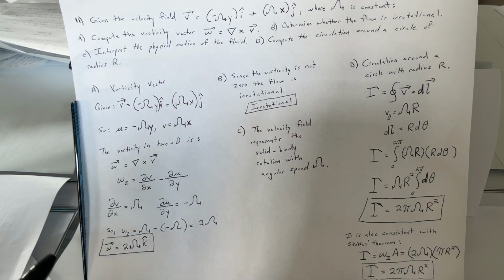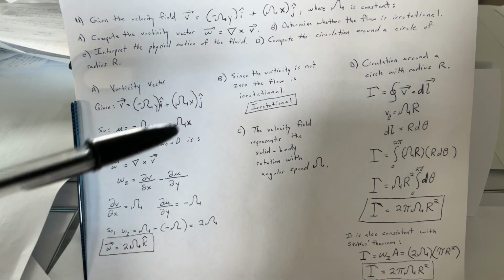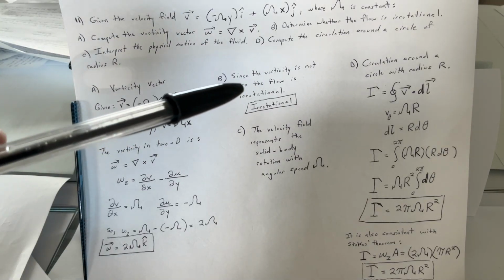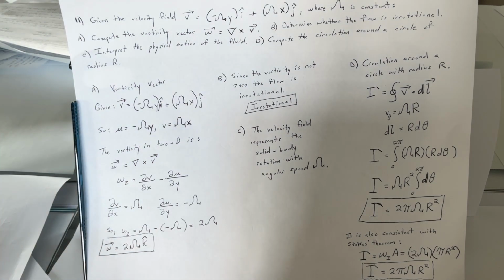So our W vector is going to be 2 omega k hat. So that's the vorticity vector. And for part B, since the vorticity is not 0, the flow is rotational. So the answer to letter B is rotational.